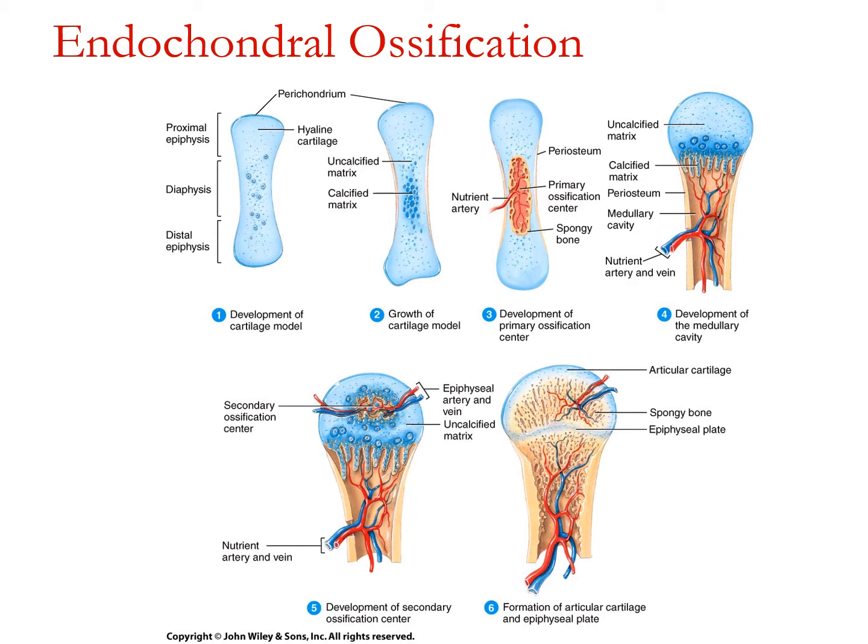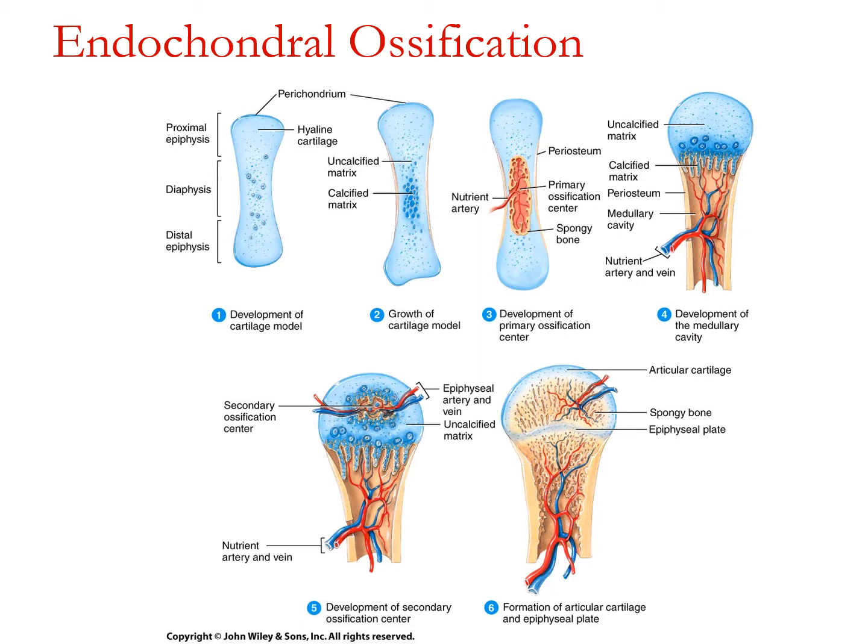Most of that cartilage is then replaced with osseous tissue with the activity of the osteoblasts. Then more arteries infiltrate the ends of the model into the future epiphyses, forming secondary ossification centers. Please note that there's a band of cartilage that remains, and this cartilage forms the articular cartilage that covers the epiphyseal ends, as well as the epiphyseal plate that runs through the metaphysis.